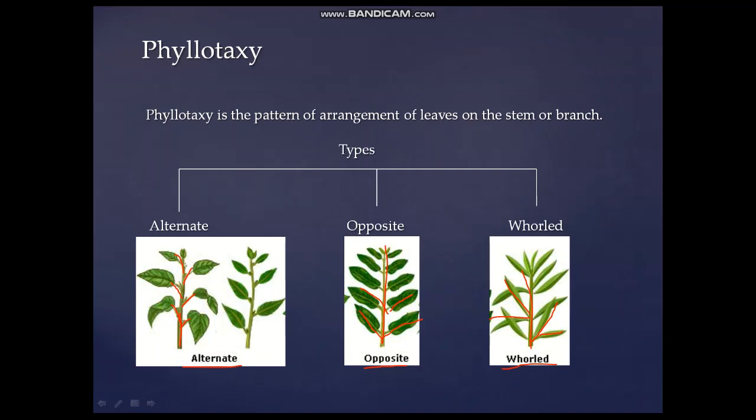And then we discussed phyllotaxy. On the basis of arrangement, leaves are arranged into three types: alternate, opposite and whorl. Example of alternate is China rose, in case of opposite, Calotropis, and in case of the whorl, Alstonia.